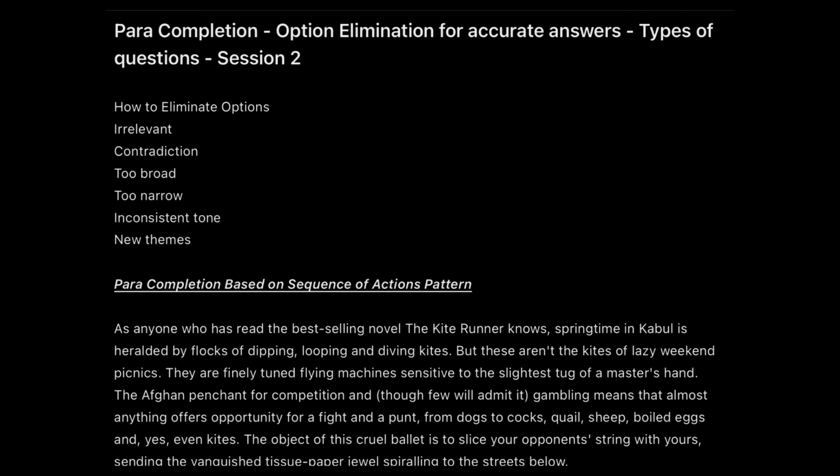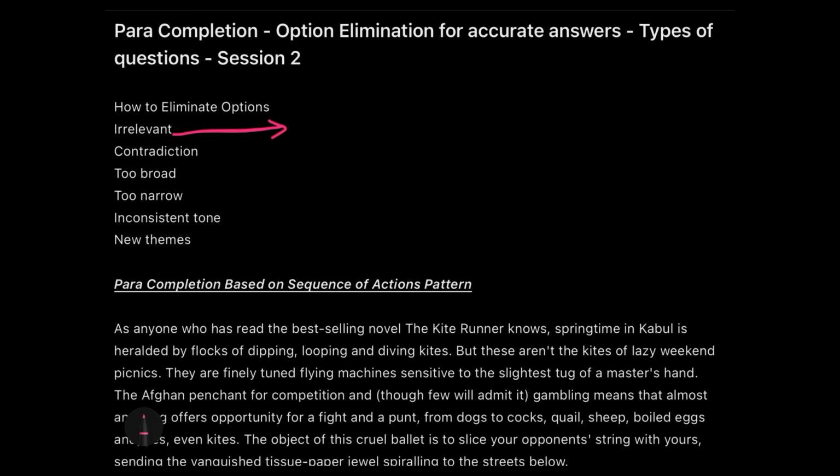So the first topic we're going to take up is that the reason for eliminating an option can be that it is irrelevant to the passage. When I say irrelevant, these are answer options whose conclusions are either entirely unrelated or only vaguely connected to some part of the passage.